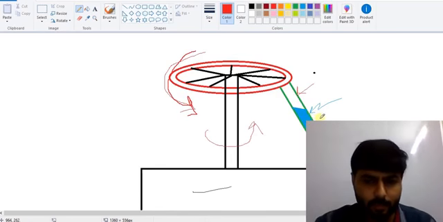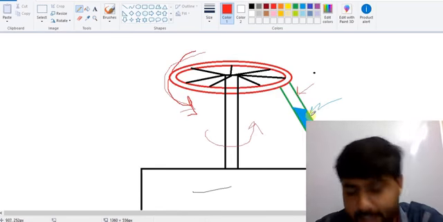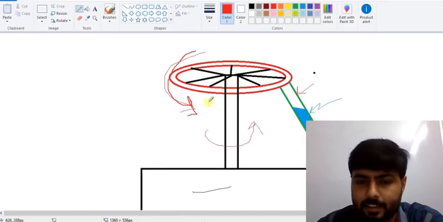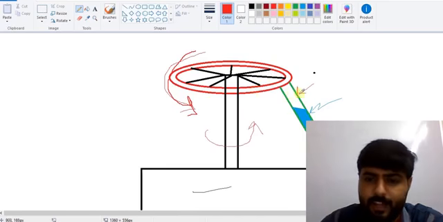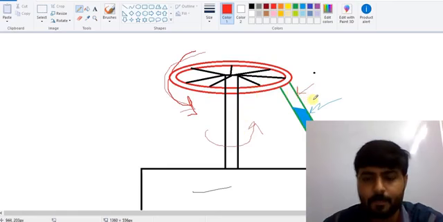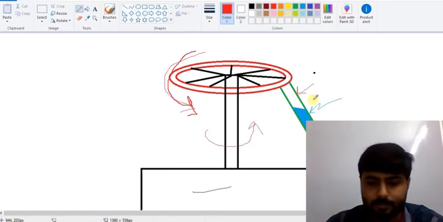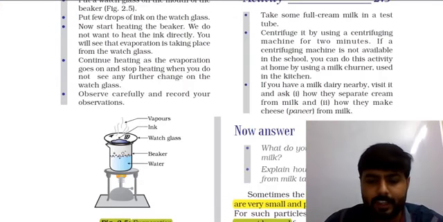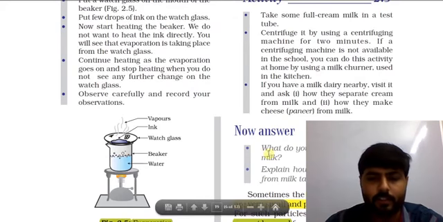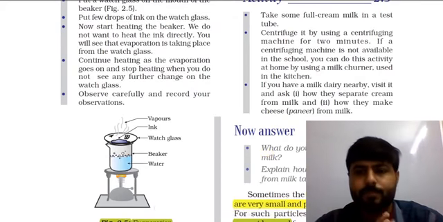So this is the test tube in which our testing components are there, and this machine, which is called a centrifuging machine, rotates. So that is the structure of a centrifuging machine.